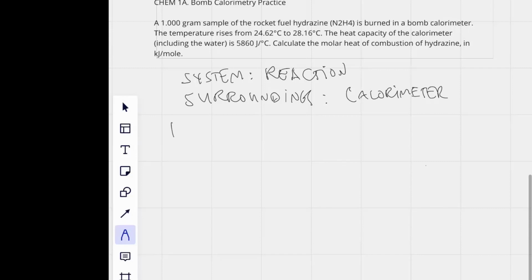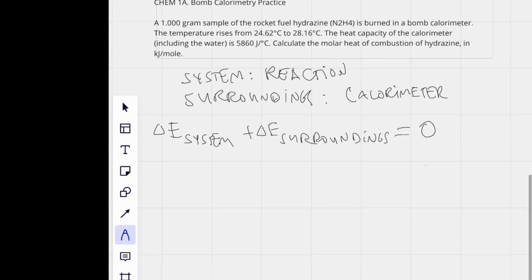In other words, the energy of the system plus the energy of the surroundings, and actually we want to say not the energy but the change in energy, will add up to zero because there is no net change in energy.